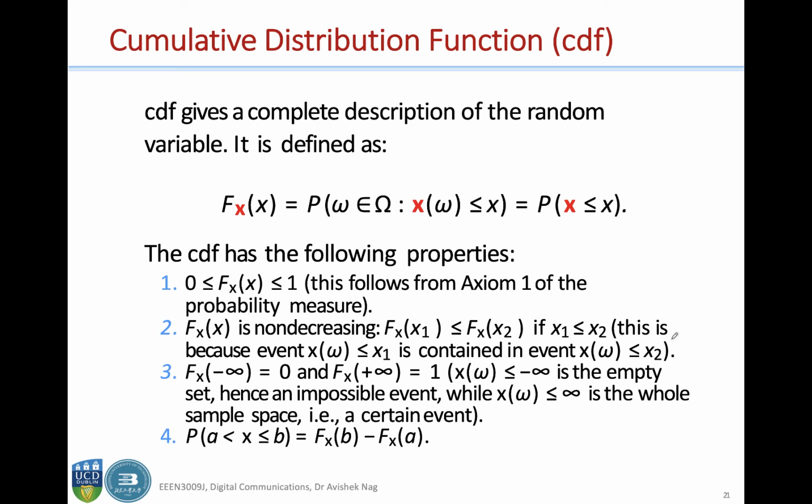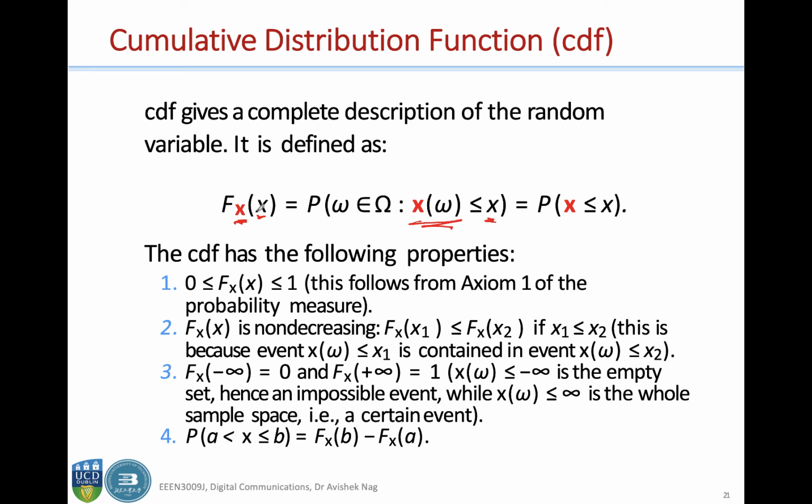A cumulative distribution function capital F of x is nothing but the probability that the random variable x of omega takes a value less than or equal to small x. So this bold x is denoting the random variable, and within the parenthesis whatever the small x suggests, this is the value that you are comparing the variable against.